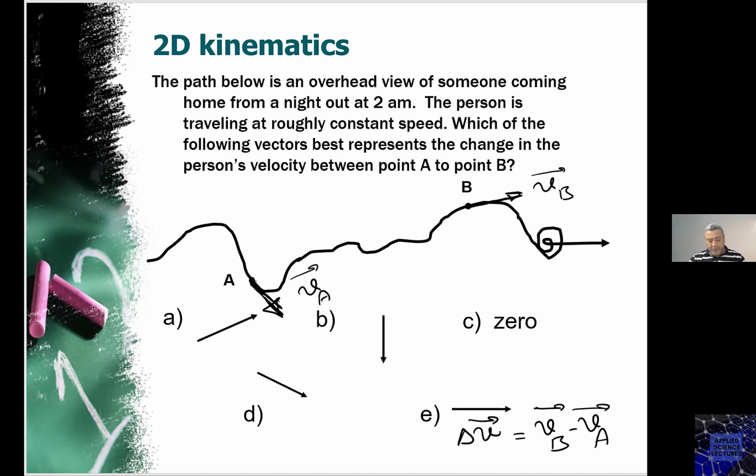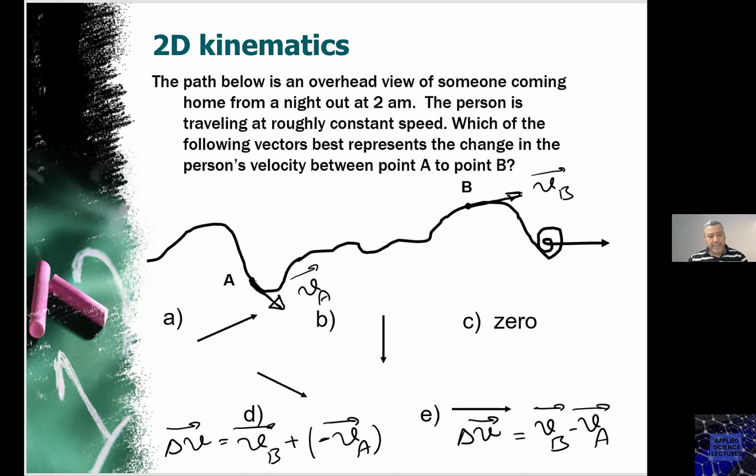Now, if you recall, when we said VB minus VA, we really meant, or we can also look at it as VB plus minus VA. For simplicity, we will reverse the one that we're subtracting and add it, because reversing a vector is very simple. You just change the direction, right?